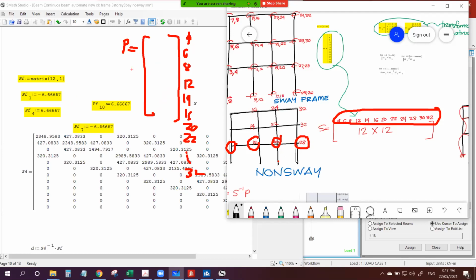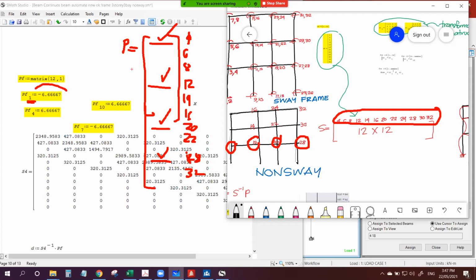Okay, so 4 and 12, this will be non-zero. 20 is also non-zero. 28 here is also non-zero. So we have four non-zero elements in our P vector. And 4 is located at the first element.